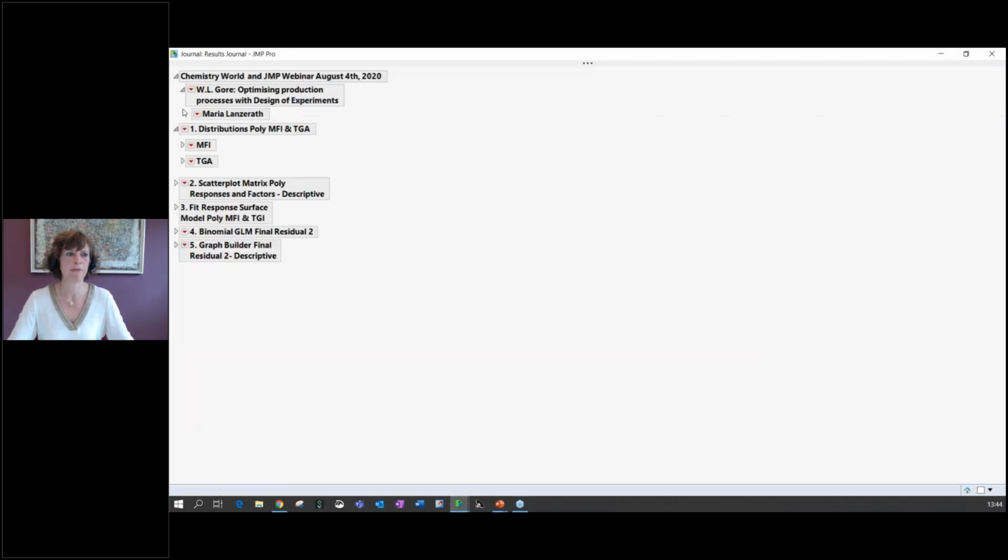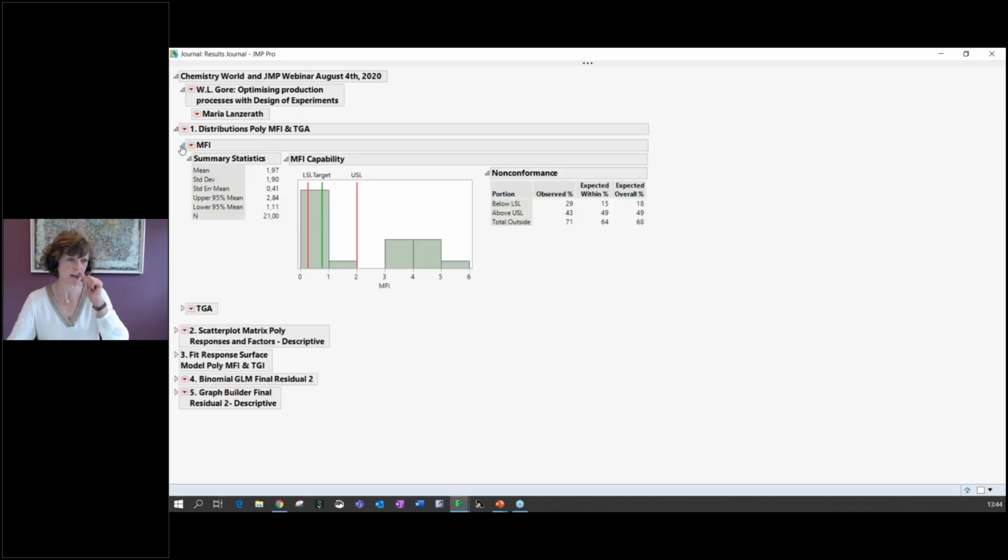I have put all the results together to save time, although it's super easy and quick to click around and jump. For the MFI, we have those specification limits and the target. And from all 21 results, you can see already, we have a good bunch landing within the specification limits and also results outside of the specification limits.